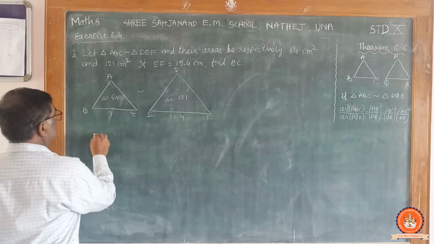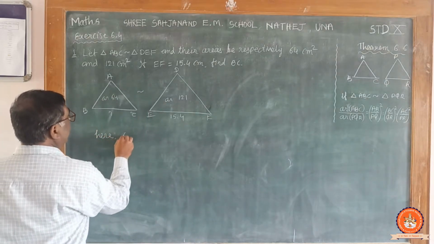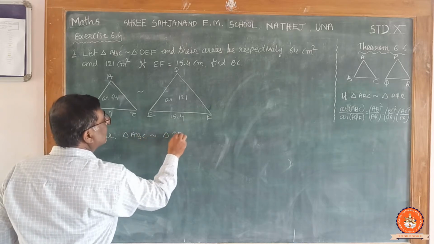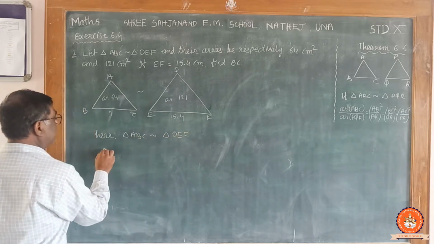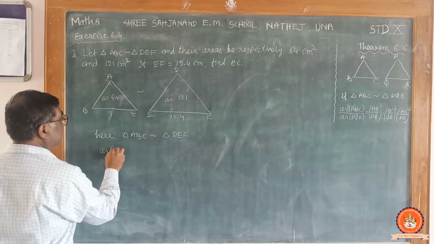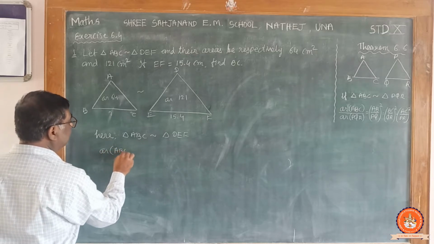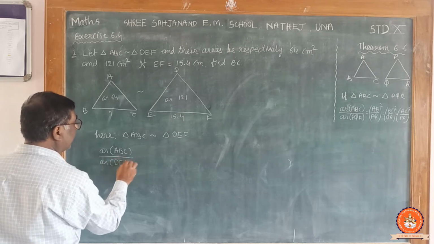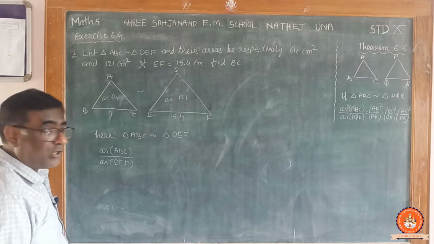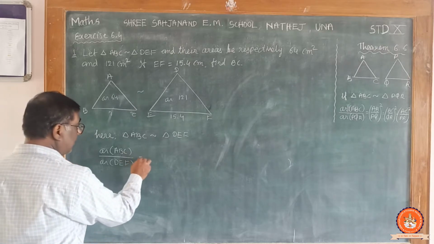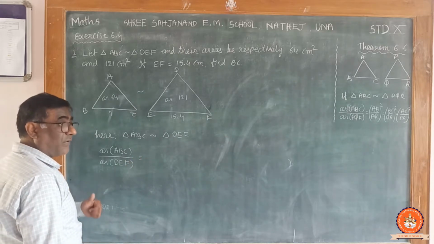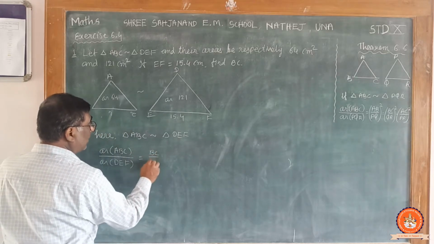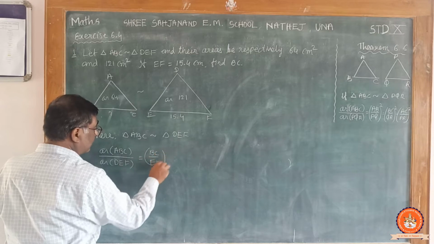So here triangle ABC is similar to triangle DEF, and so as per theorem 6.6, area of ABC upon area of DEF. Okay, a ratio of the areas of two similar triangles is equal to square of the ratio of their corresponding sides. So BC upon EF, the whole square.